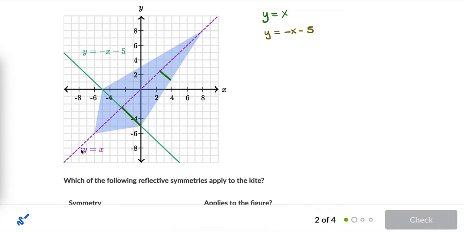So we do see that the kite is a reflective symmetry across the line y equals x, so that one works for us. And as we might actually expect now, when we examine the line y equals negative x minus 5, we would expect to see being able to fold this image over.